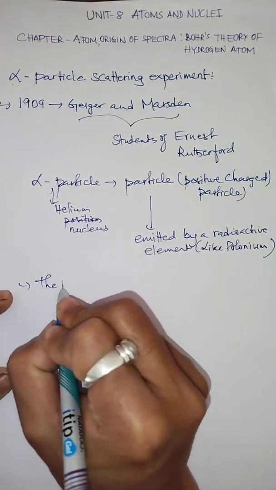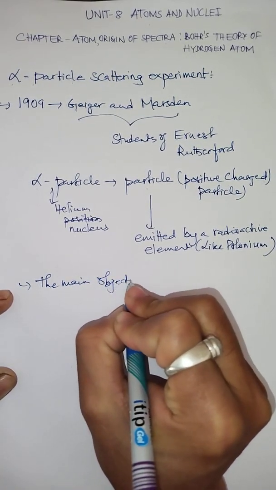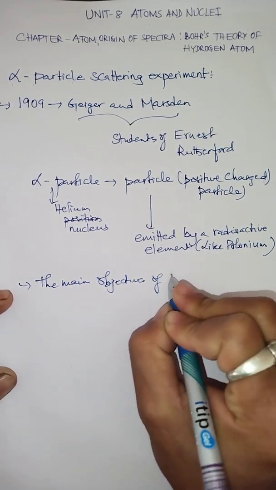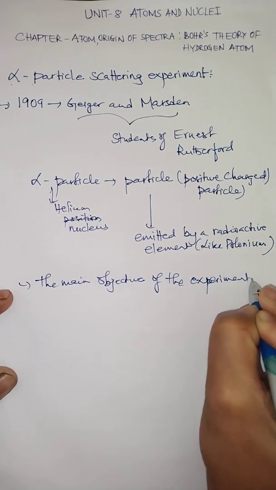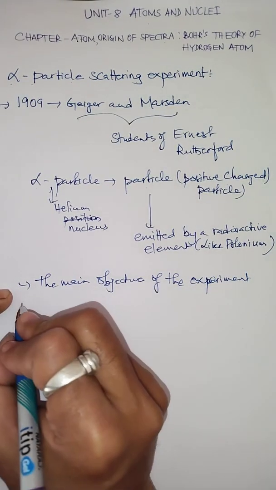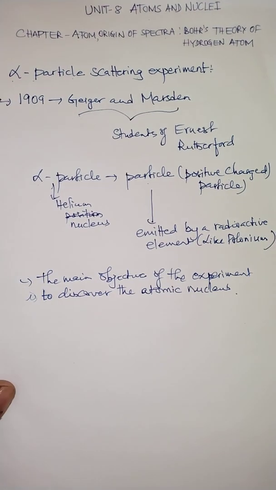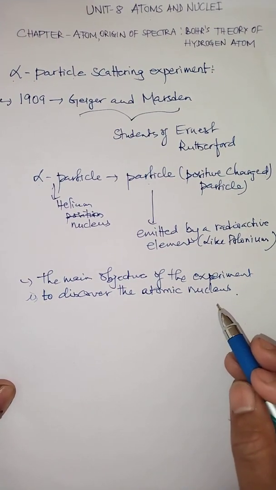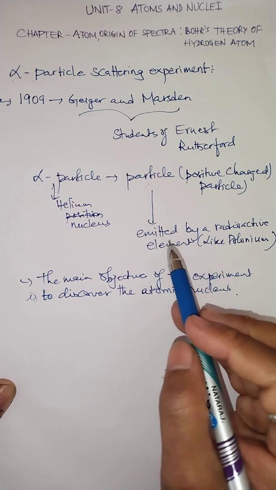So let me write down the main objective of the experiment. Children, keep in mind that the main objective of the alpha particle scattering experiment is the discovery of the atomic nucleus.